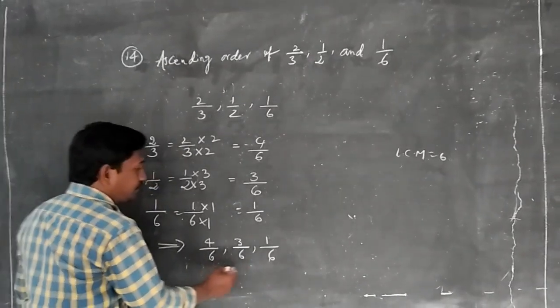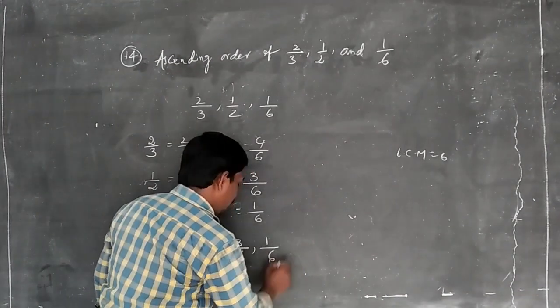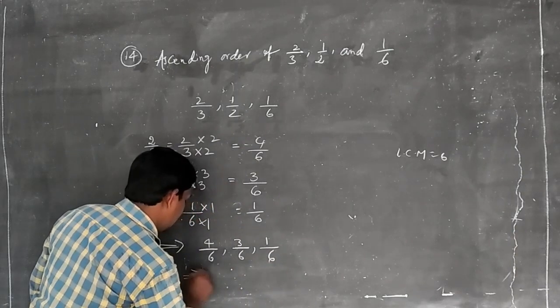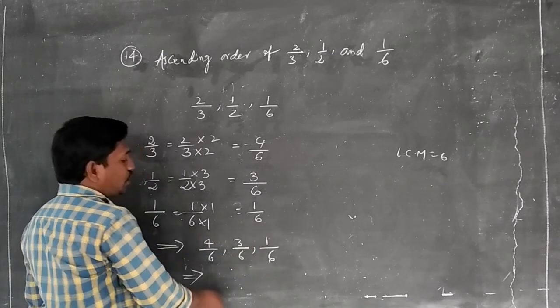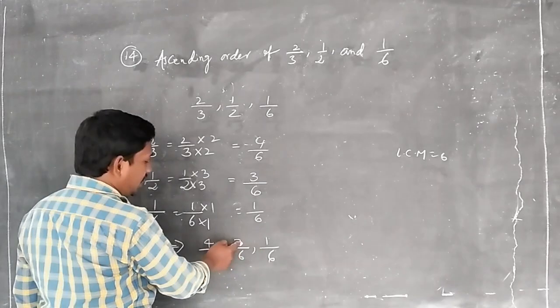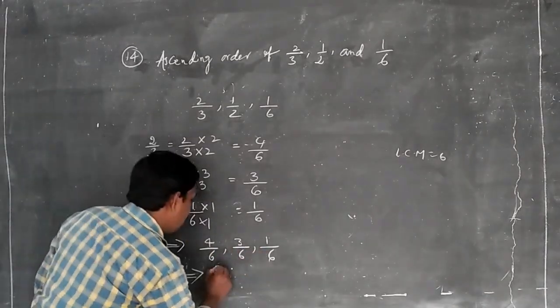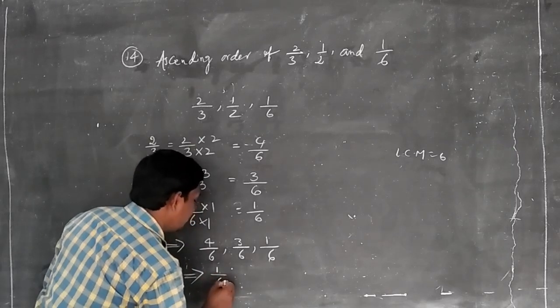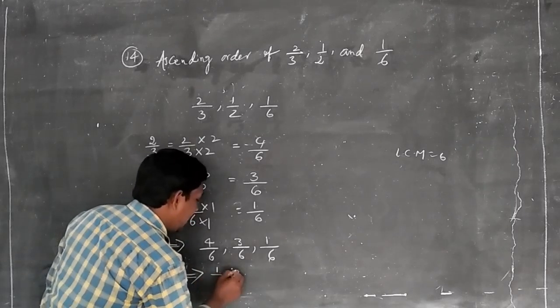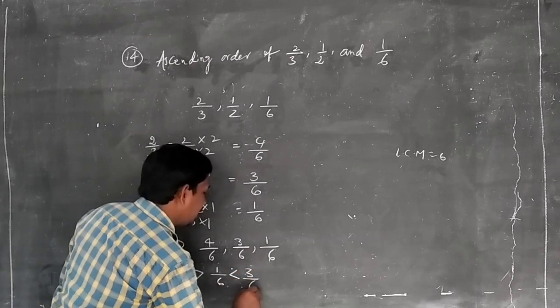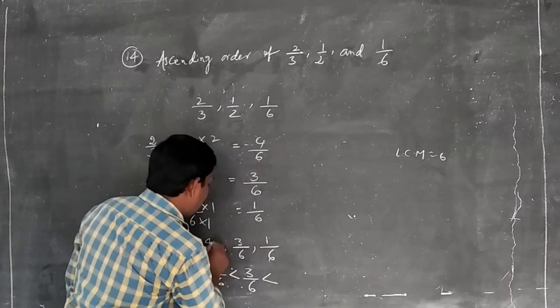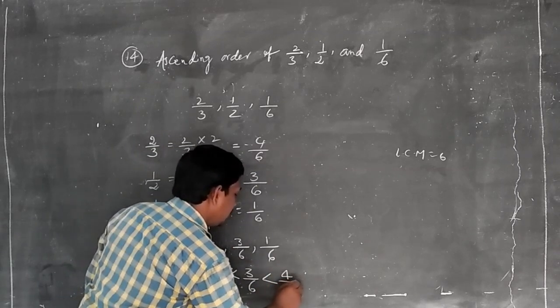Just compare the numerators: 1, 3, 4. That means 1 by 6 is less than 3 by 6, less than 4 by 6.